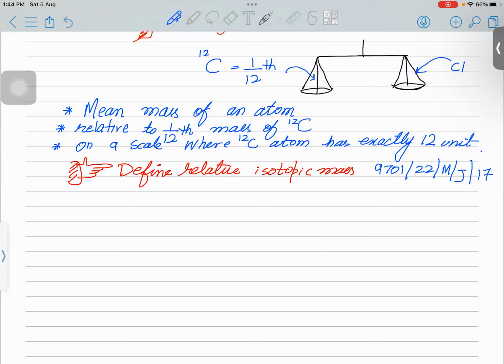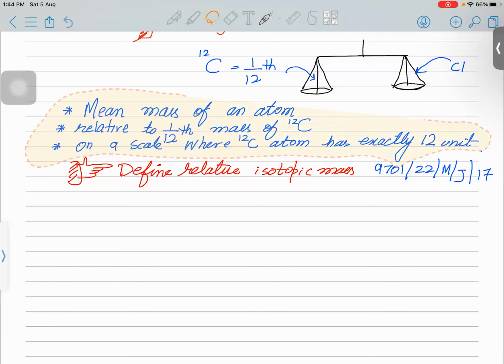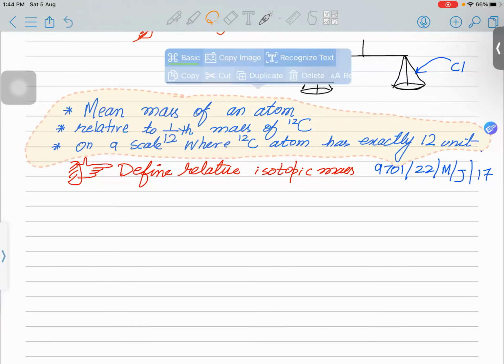In 2017, the examiner asked about the relative isotopic mass. Hamza, can you tell me the definition of this? Relative isotopic mass.